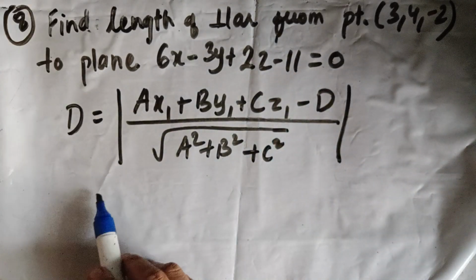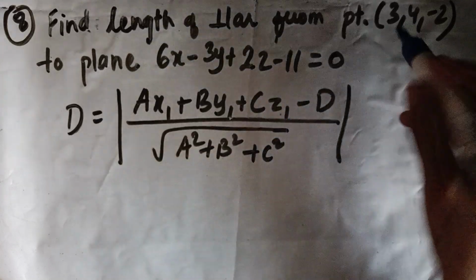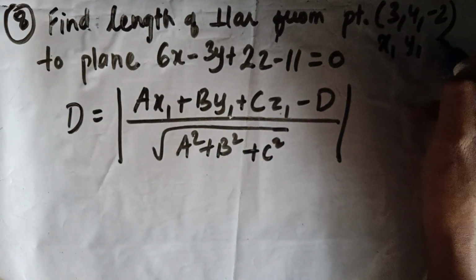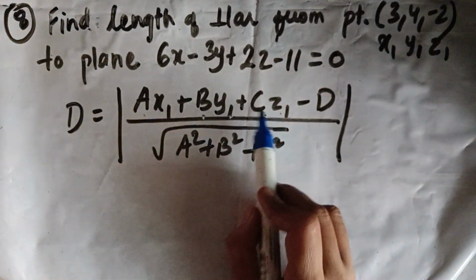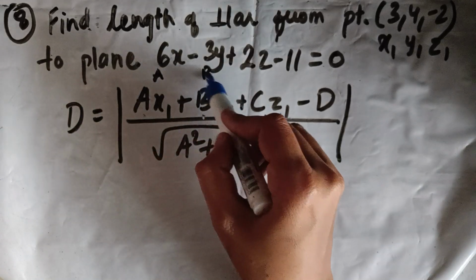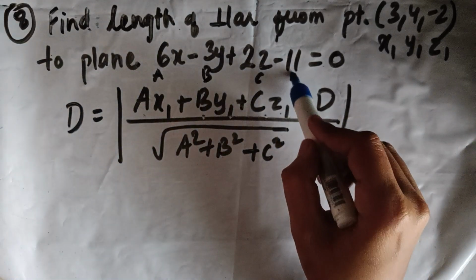Okay. So here your x1, y1, z1 is this point, and a, b, c are this a, b, and c, and this is d.